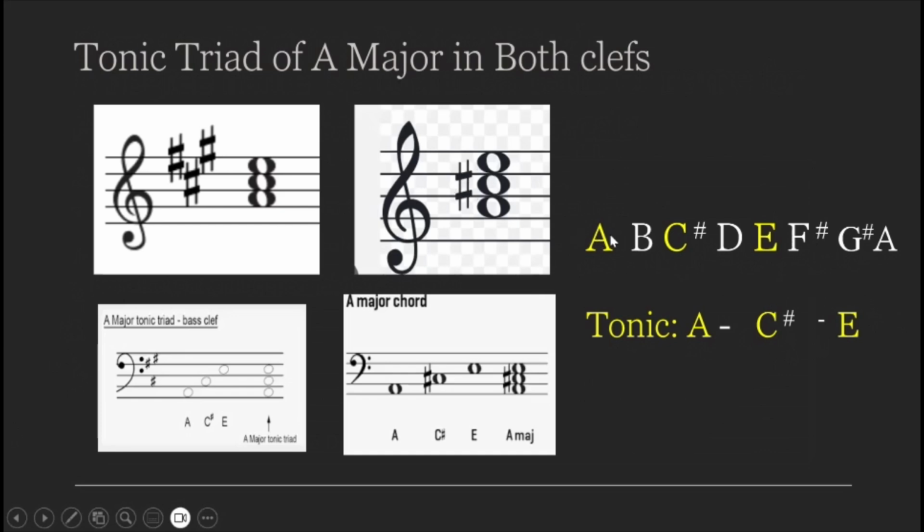So, for instance, if you are to build, let's say, the supertonic, you know supertonic is the second note, the second degree of a scale. The supertonic should start from what? B, right? Then what will be the third note after B?